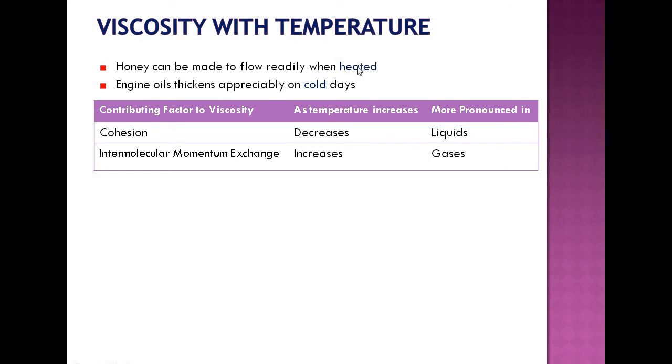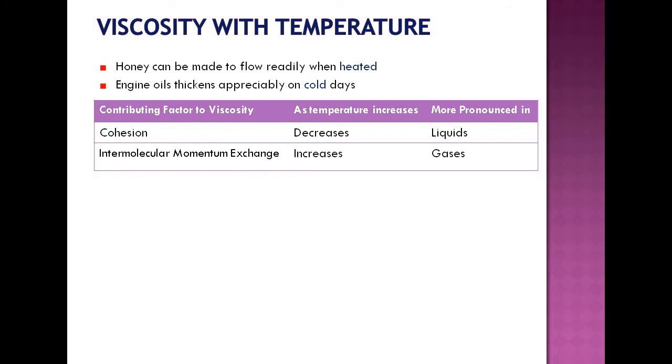Similarly, when temperature increases for honey, which is also a liquid, its viscosity reduces. That is why it flows easily or readily. So temperature and viscosity are two very important factors with respect to the rheological behavior of fluids, especially liquids.